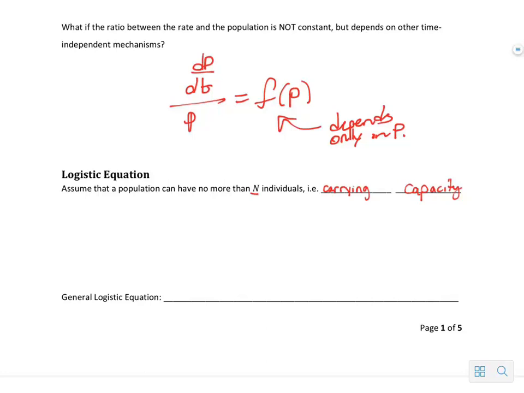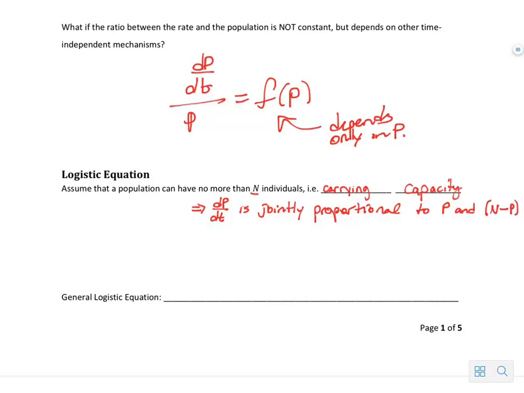So one way to do that is to assume that your rate of population growth, dp dt, is jointly proportional to first p, which is exactly what the Malthusian model says, and this is the choice that makes it a logistic equation, your distance from the carrying capacity.